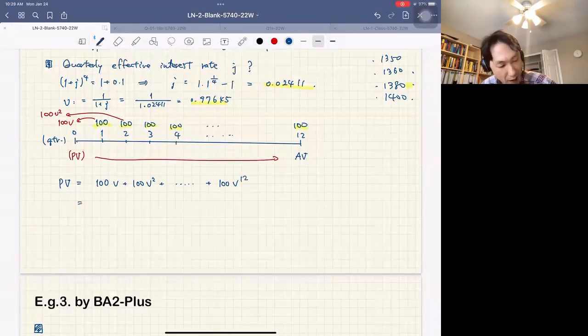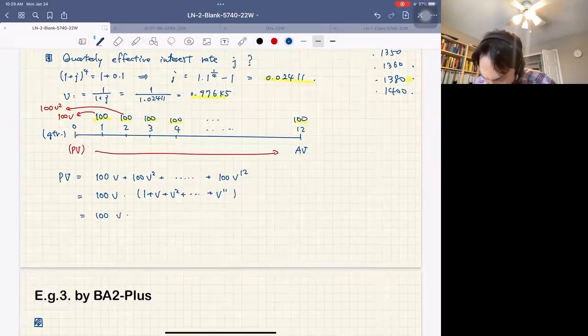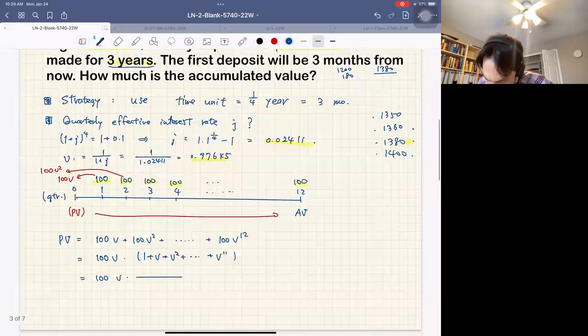You can add up these 12 numbers, but we have a shortcut using the summation of a geometric sequence: 100V times (1 plus V squared up to V to the 11th power). That is equal to 100 times V times (1 minus V to the 12th) over (1 minus V).